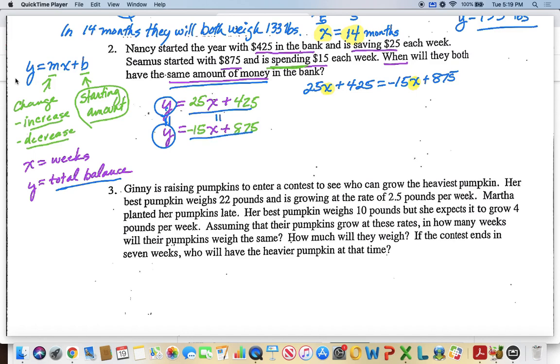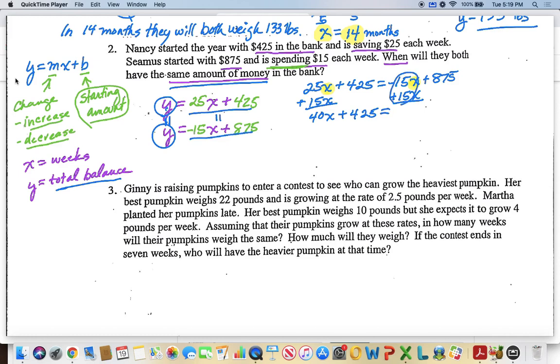Okay, so I think I will zero out this negative 15 over on the right-hand side by adding 15x to it. And whatever we do on one side, we have to do on the other side. So on this side, it's going to add up to 40x. And then I'll just drop down the 425 because that didn't change.